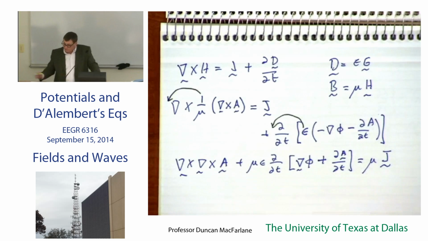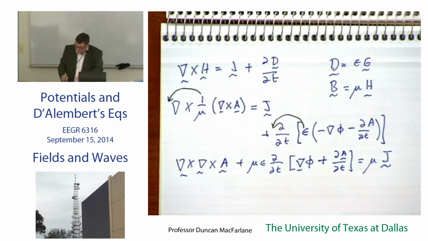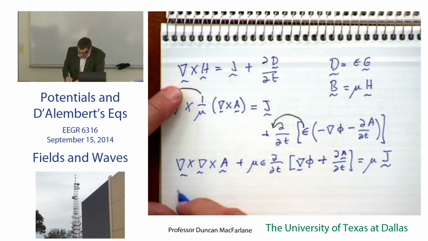Now, do you remember the curl of the curl of A can be written as the gradient of the divergence of A minus the Laplacian of the vector A? That doesn't get us very far.